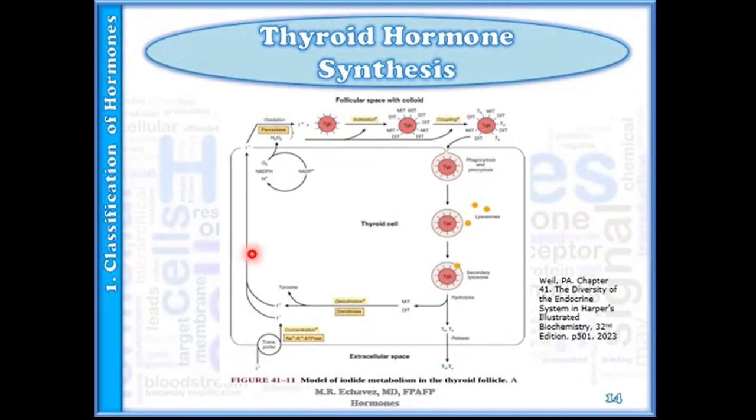You will look at this picture and see this is your follicular cell. In the upper part is where your colloid is, and underneath is your blood vessel or your extracellular space.